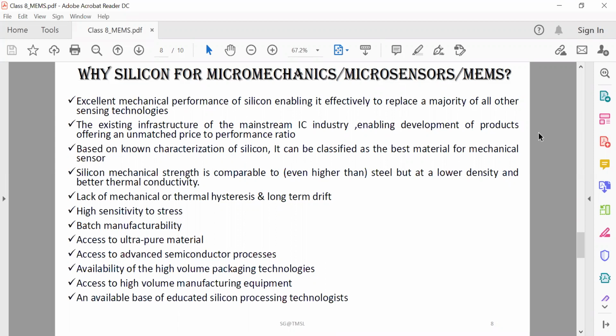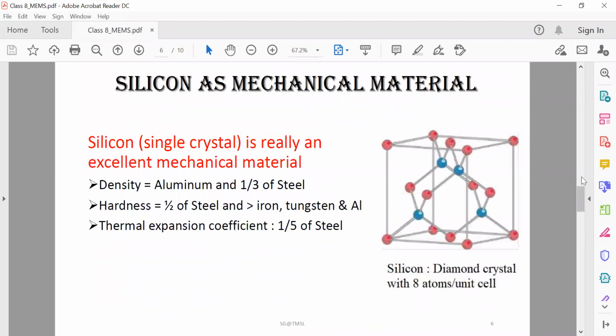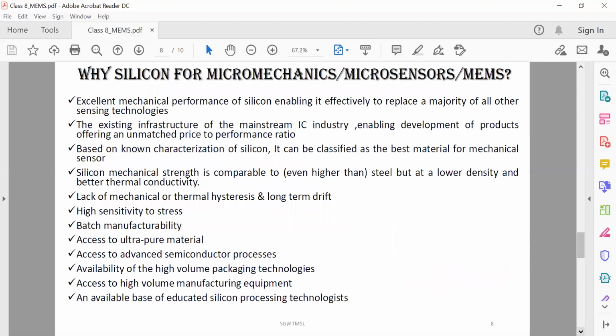So in the last slide I showed you its density is lower than iron. Here, its density is lower, and its thermal conductivity is also very high, 1.5 times compared to steel.